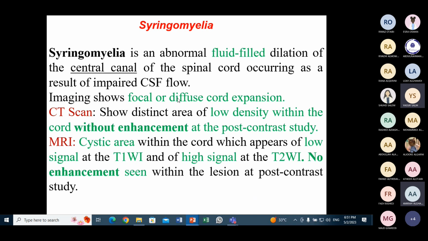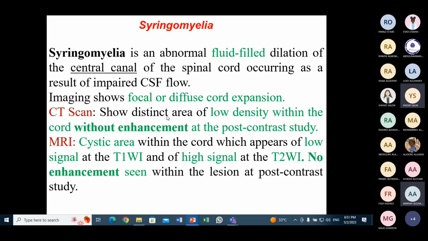So syringomyelia characterized by focal or diffuse cord expansion due to presence of dilatation of the spinal cord and this area filled with contrast. طيب how to diagnose this? The features on CT. إذا أنت متذكر إنه how the CSF appear on CT, you can diagnose syringomyelia easily.